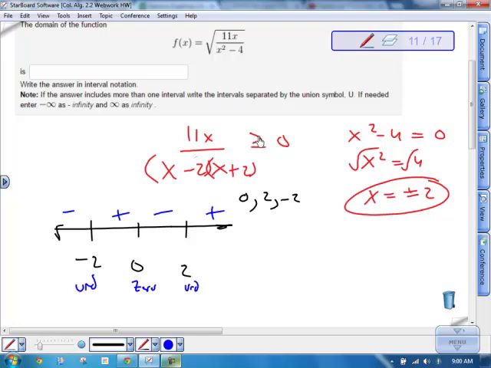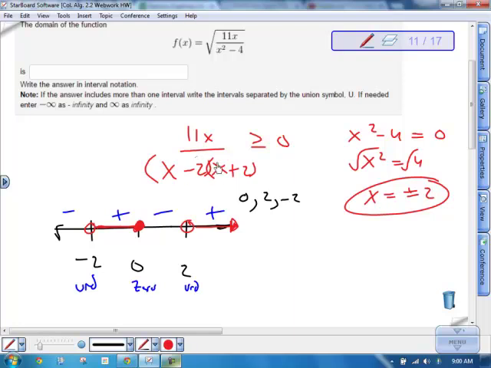So I want this thing to be greater than or equal to 0, which means I'm looking for the positive spots here. So that'd be from -2 all the way up to 0. I can include 0 because that point is a 0, which is fine. And all the way from 2 to positive infinity as well, I can't include the point 2.